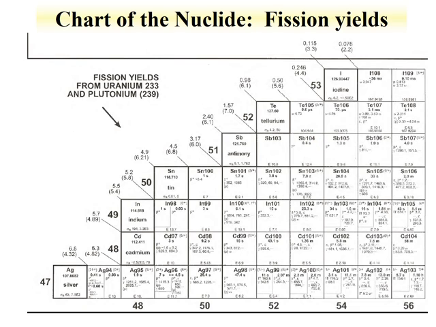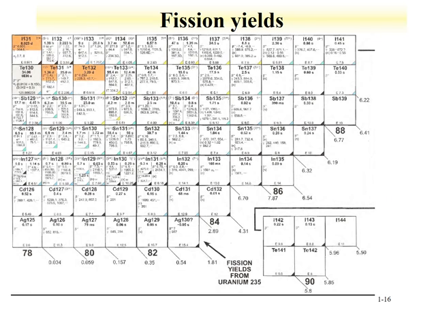For uranium-233 and plutonium-239, if we look at the 104, about 1% of the time when uranium-233 fissions, it yields the 104 isobar. And for plutonium-239, it's 6.1% of the time. Similar data is also present for uranium-235.